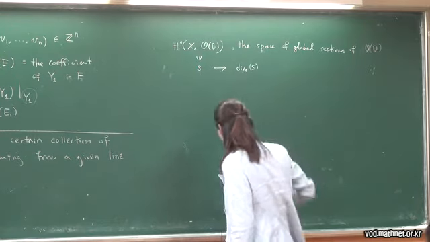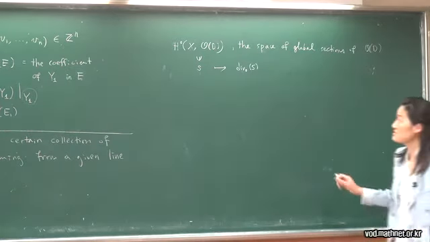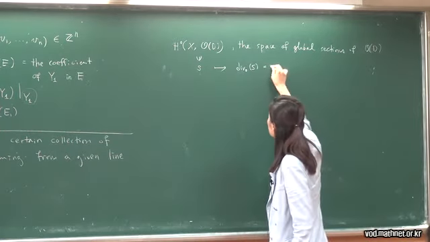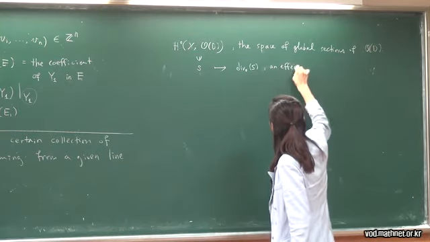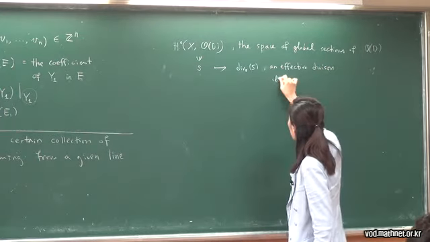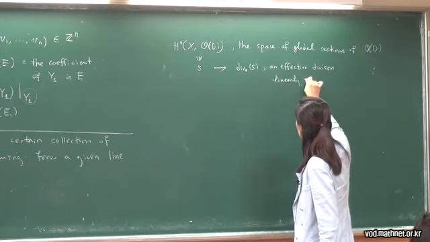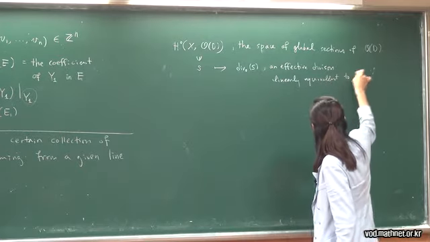This is the divisor of the zeros of the section S. This is an effective divisor, linearly equivalent to D.